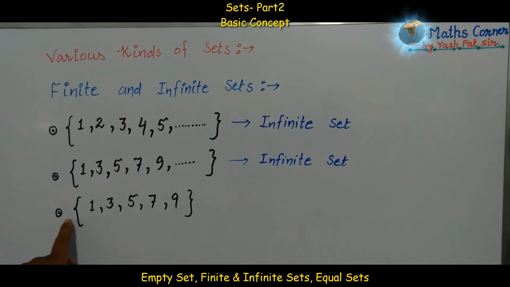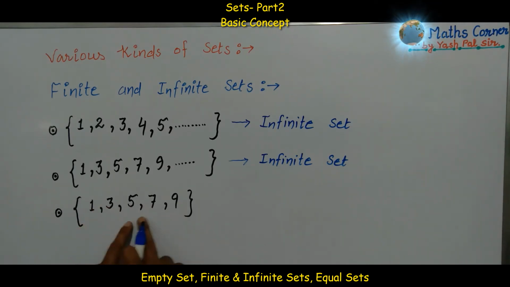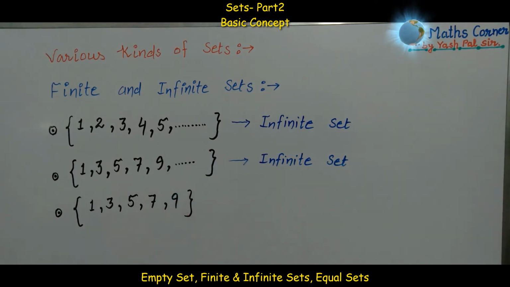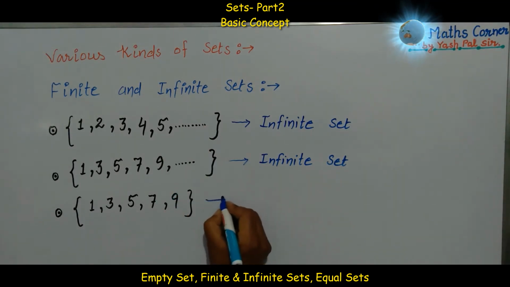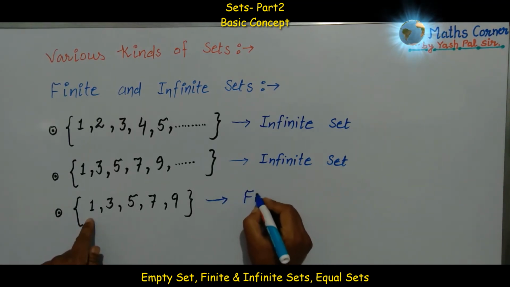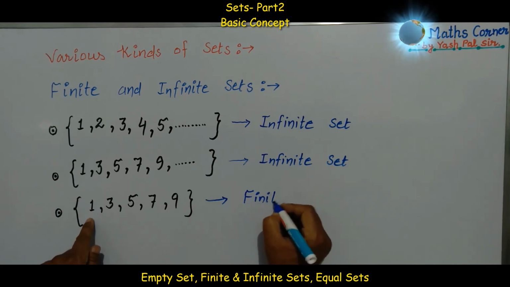One more example: here we are writing 1, 3, 5, 7, 9. All these numbers are odd natural numbers greater than or equal to 1 and less than or equal to 9. That is to say, they are finite, and the "and so on" symbols are not here. So what do we say about this collection? Finite. This is called a finite set.